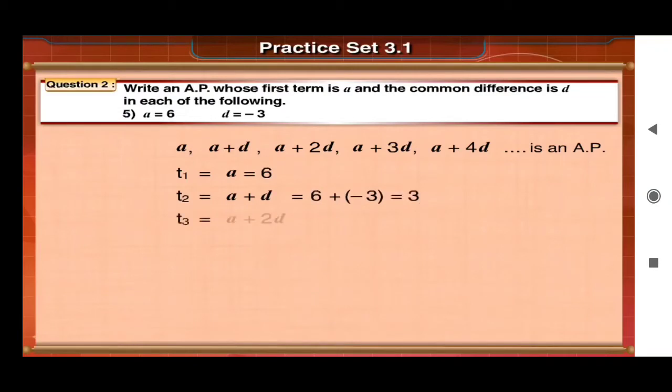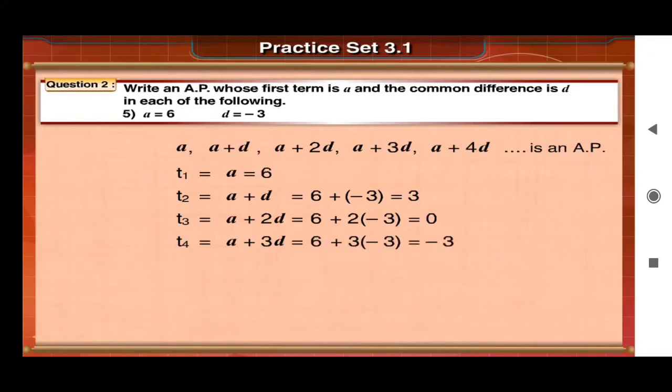T3 is equal to A plus 2D, which is equal to 6 plus 2 into minus 3, that is equal to 0. T4 is equal to A plus 3D, that is equal to 6 plus 3 into minus 3, which is equal to minus 3.